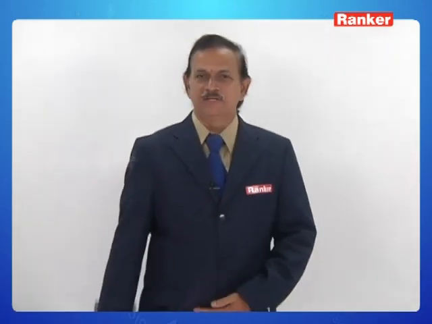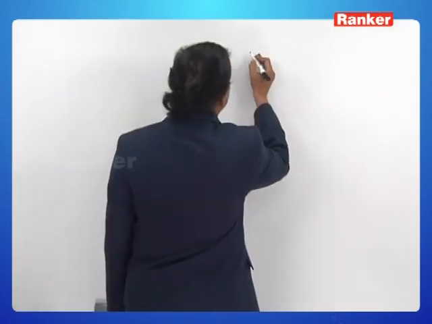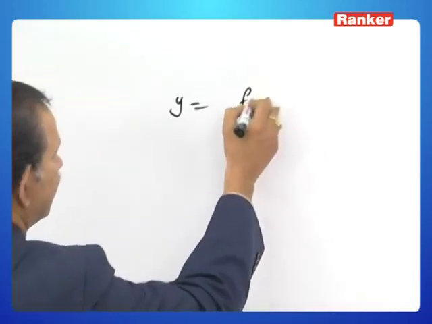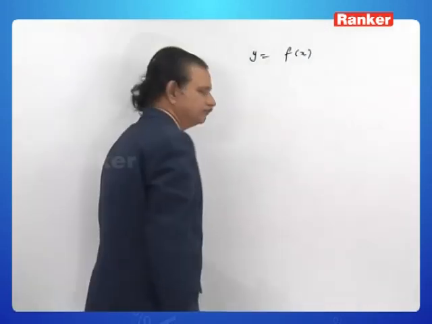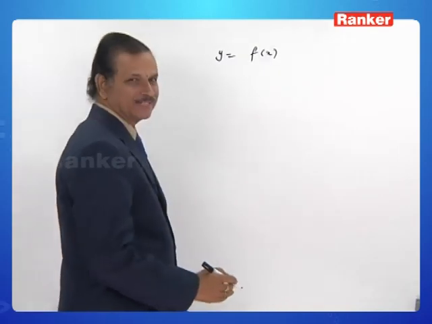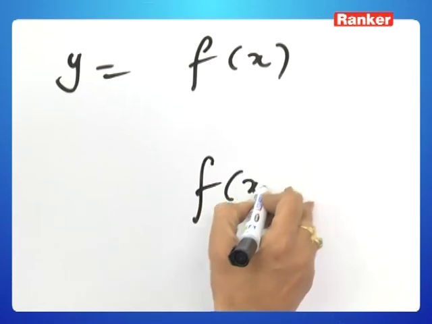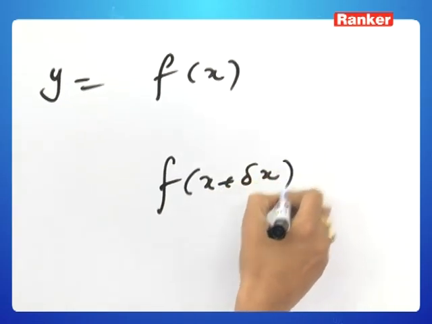Let us now think of the theoretical part behind applications of derivative. Out of them, very first, let y is equal to f of x be a given function. Let a small increment, say delta x, be given to x. Then the function becomes f of x plus delta x.